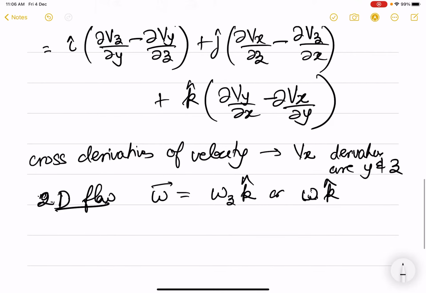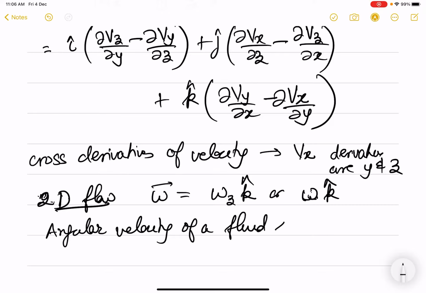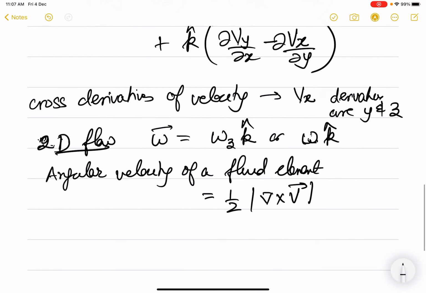And here what we can show is that the angular velocity of a fluid element is equal to half of del cross V, or half of the scalar omega.